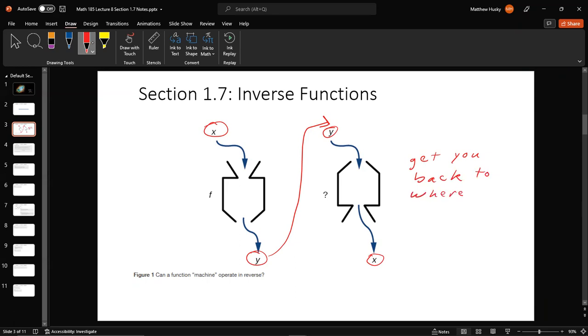It undoes another function. This is basically to undo an action. That's the idea of an inverse. It undoes an action that a different function does.